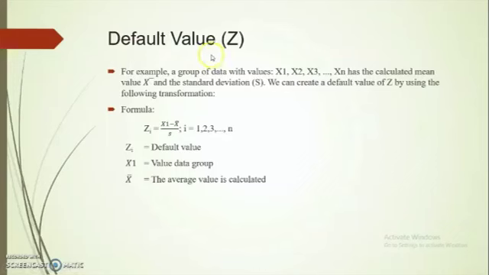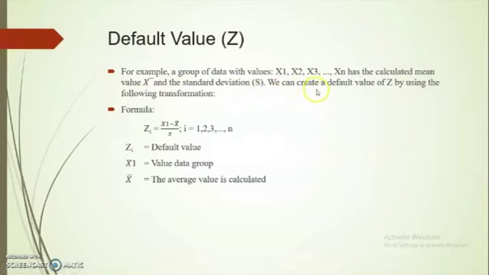About standard value. One of the important benefits of calculating the mean value and standard deviation is that both values can be used to make a data transformation that produces standard values. For example, a group of data with values x1, x2, x3 until xn has the mean value x bar and the standard deviation s.